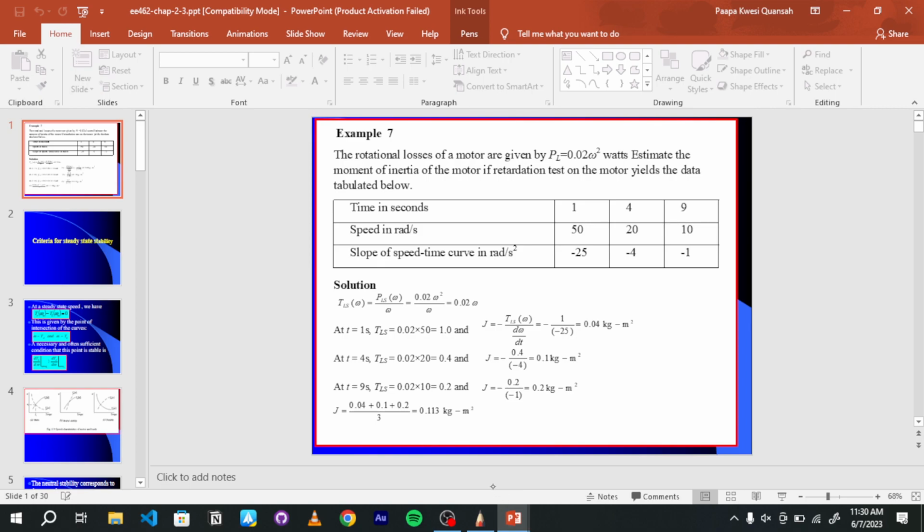Estimate the moment of inertia if the retardation test on the motor yields the data tabulated below. So here you can see that we can take this as in the second case.